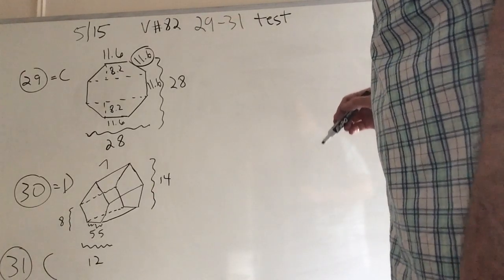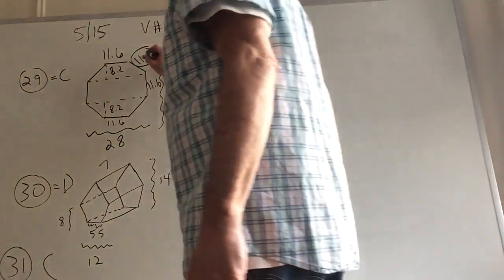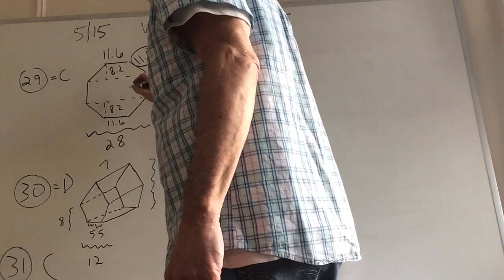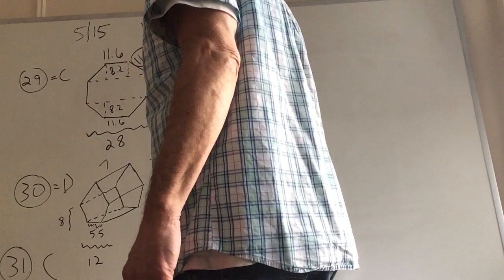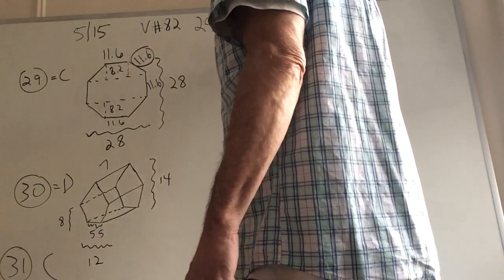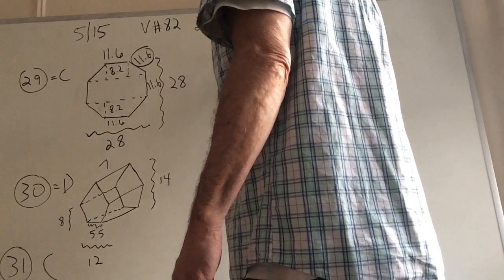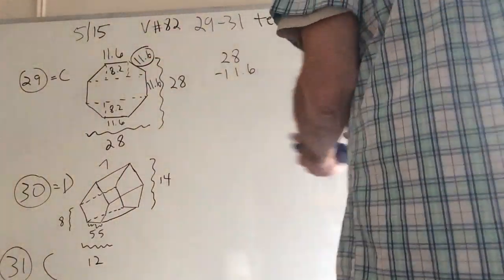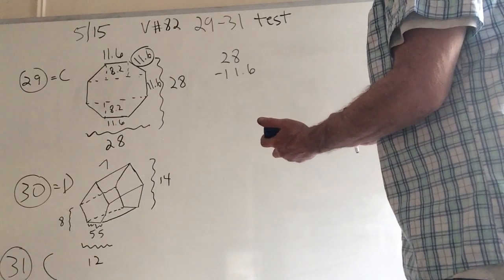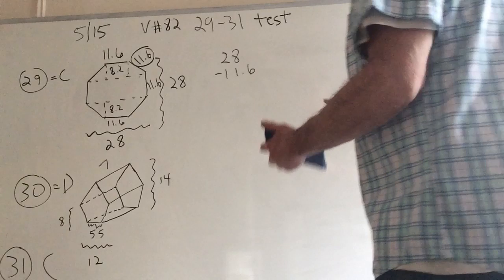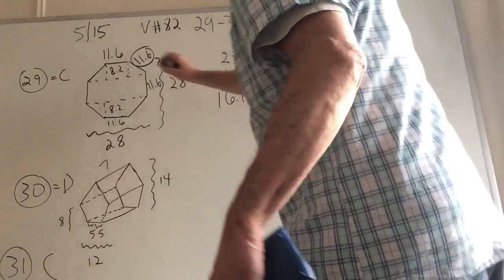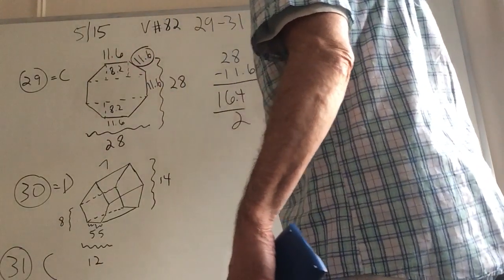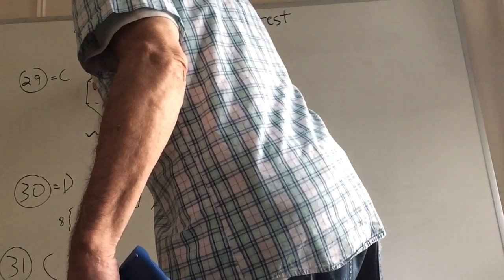So the point here is to find what this is, and if we do the math and we say that this is symmetric to this, as we've done so many times, and this is 11.6, then 28 take away 11.6, and I'll just do that quickly on the calculator. 28 minus 11.6 is 16.4, but remember, there are two symmetric sides, so I divide that by 2, and I come up with 8.2 here.